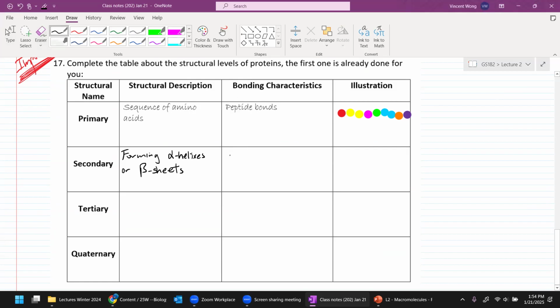Bonding characteristics: hydrogen bonds of the peptide backbone. So if you have to draw it out, some part will look like this. Other part will look like zigzag.